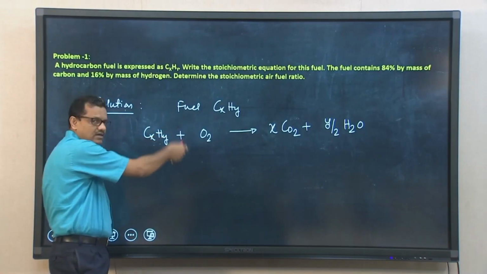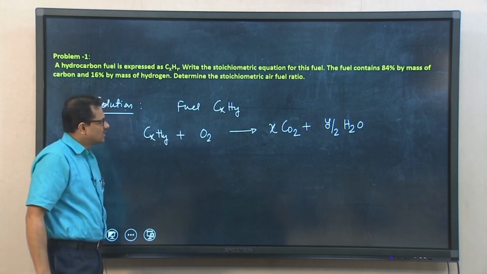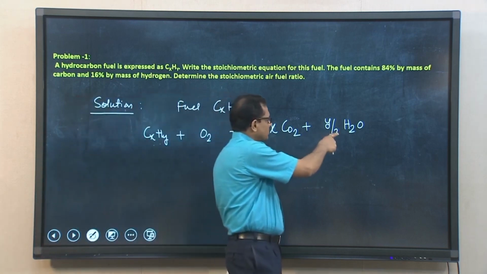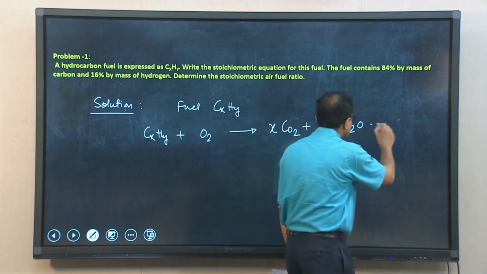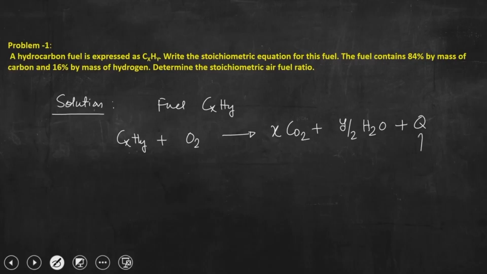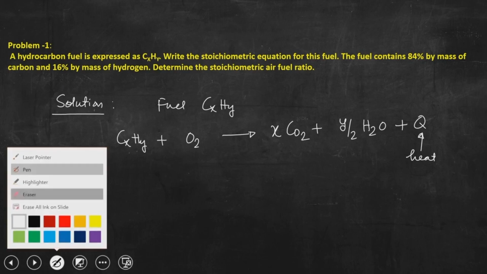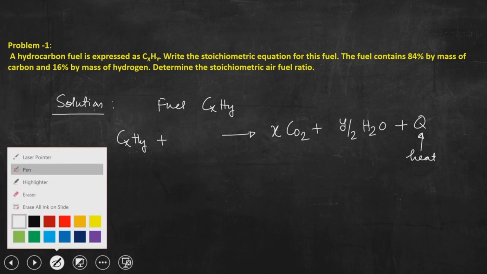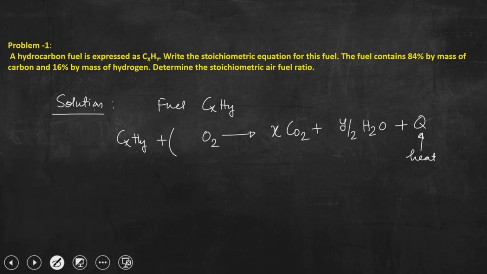So, now we can complete the amount of oxygen needed. What is the amount of oxygen needed? We know that CO2 will be produced, water vapor will be there, plus this reaction is exothermic, so heat will be generated. So, the oxygen O2 would be x plus y by 4, very simple.